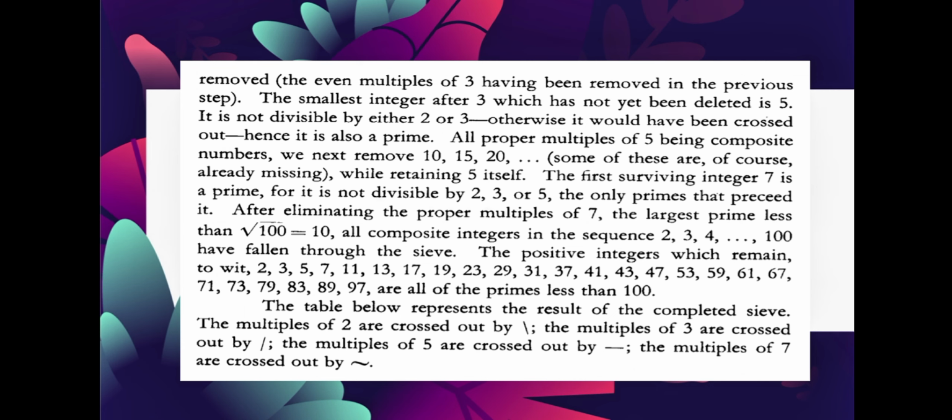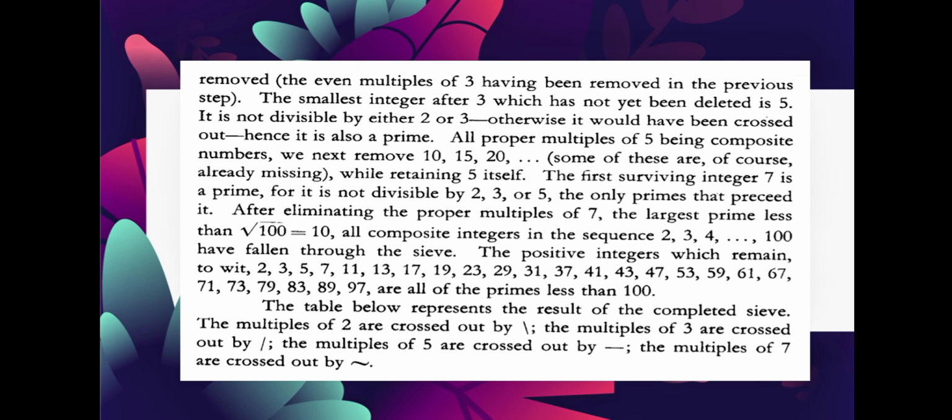After eliminating the proper multiples of 7, the largest prime less than the square root of 100, which is equal to 10, all composite integers in the sequence 2, 3, 4, and so on to 100 have fallen through the sieve, and the positive integers which remain, 2, 3, 5, 7, 11, 13, 17, 19, 23, 29, 31, 37, 41, 43, 47, and so on, are all of the primes less than 100.